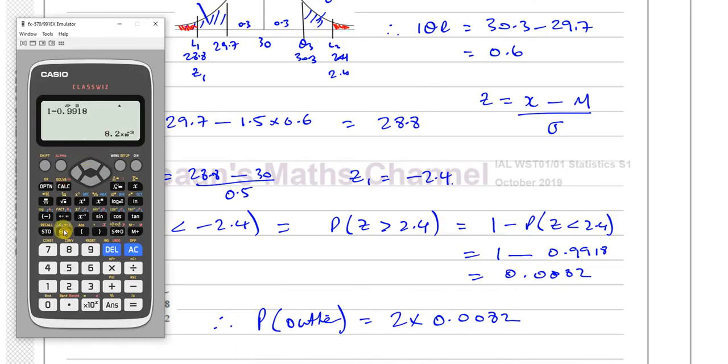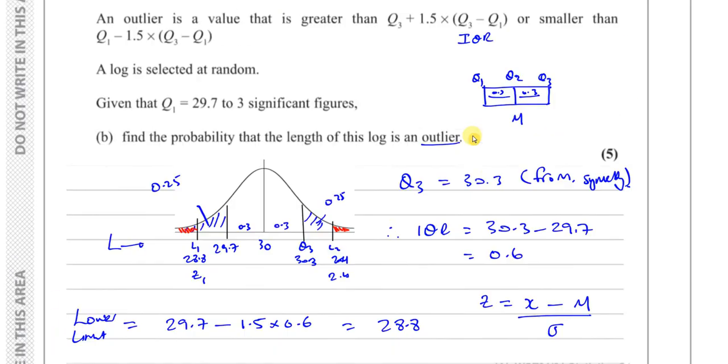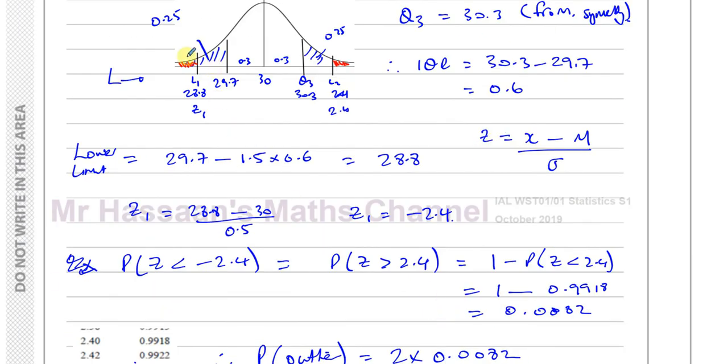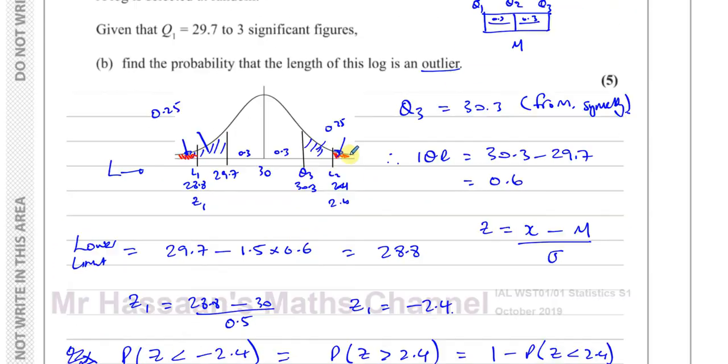If we write this normally, that's 0.0082, multiply that by 2, and we get our answer, which is 0.0164. There's the answer for this question. Because what we found was this area here, we need to add this area to it. As it's symmetrical, we multiply that by 2. So that's the answer to part B of question 6.